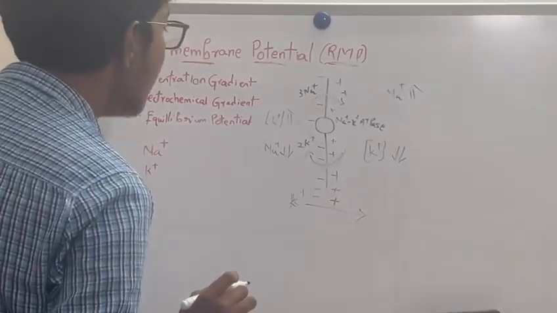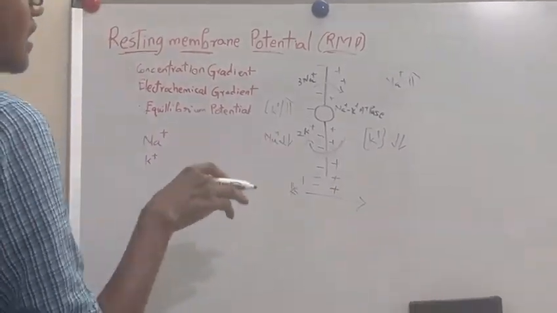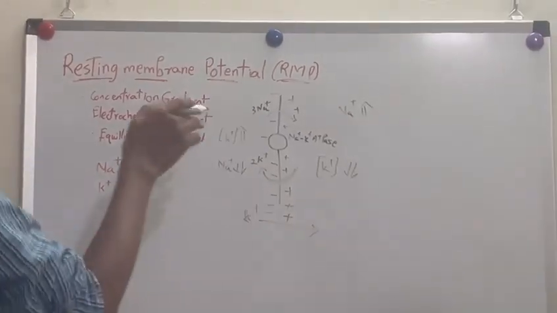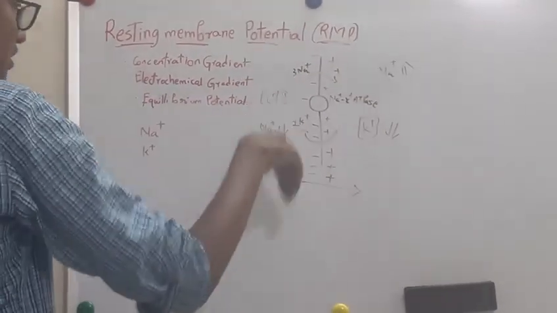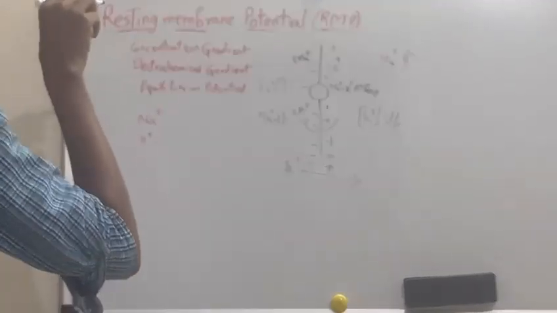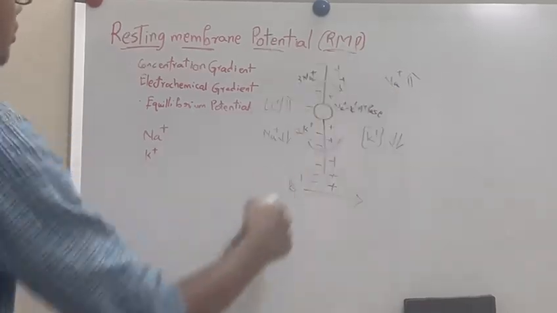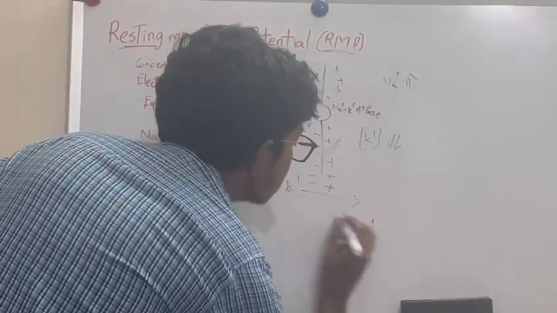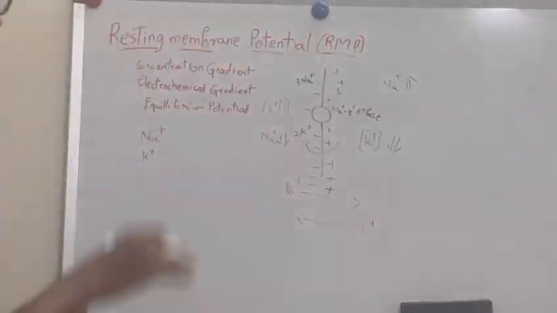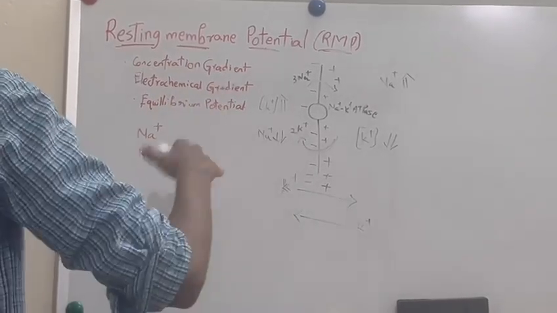As there is an excessive amount of negative charge on the inside, the electrochemical gradient drives the potassium ions from outside to inside, and it opposes the movement of potassium from inside to outside.